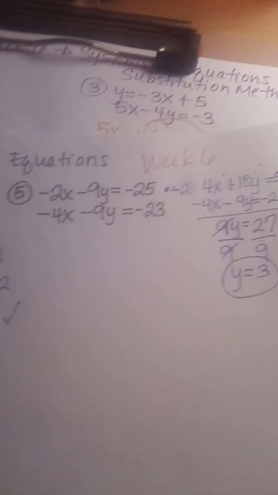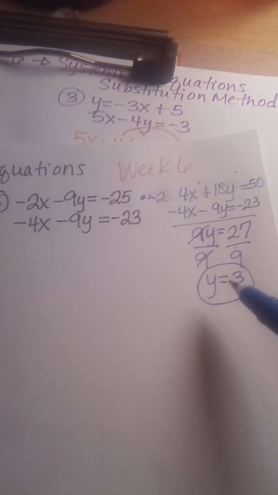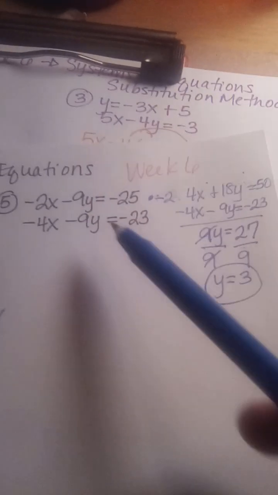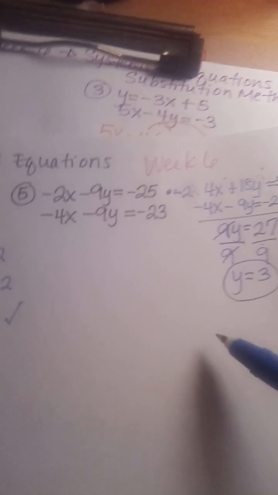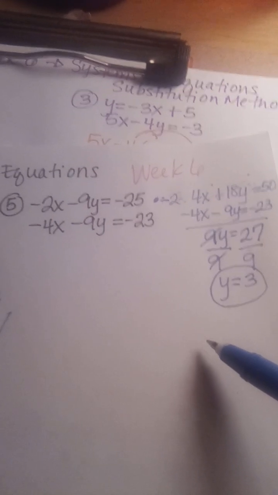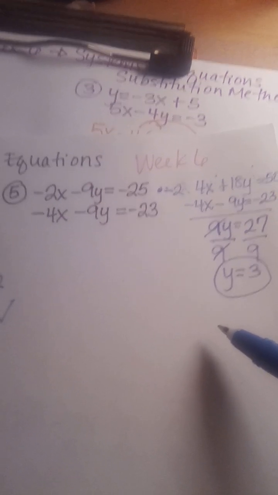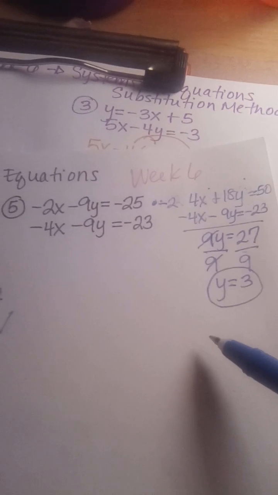Okay. Now we could substitute what we got for y into either of these two equations. Would you prefer the top or the bottom? I'm going to try the bottom.